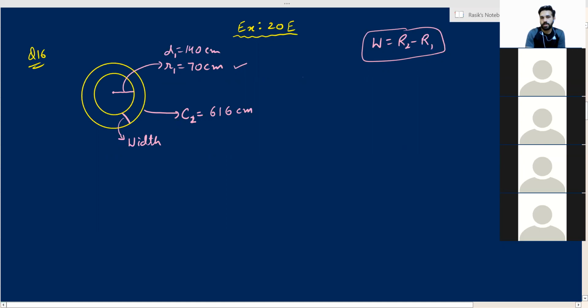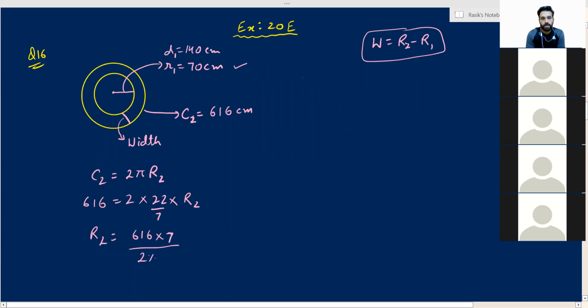So from where can we find R2, everyone? From the circumference of the outer circle. So C2 is equal to 2 pi R2. C2 is given 616. 2 into 22 upon 7 into R2. So simplify this and find R2. R2 is equal to 616 into 7 upon 2 into 22.